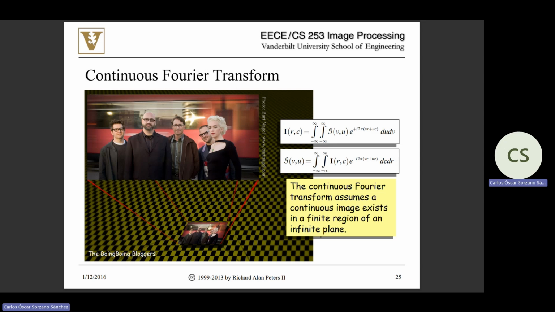This is called the analysis equation. The analysis equation is, I take my image, my signal, and I decompose it in my basis. That is analysis. And the synthesis is, I take all the components of that signal that I know from the coefficients, and I put all of them together, and that is called the synthesis.